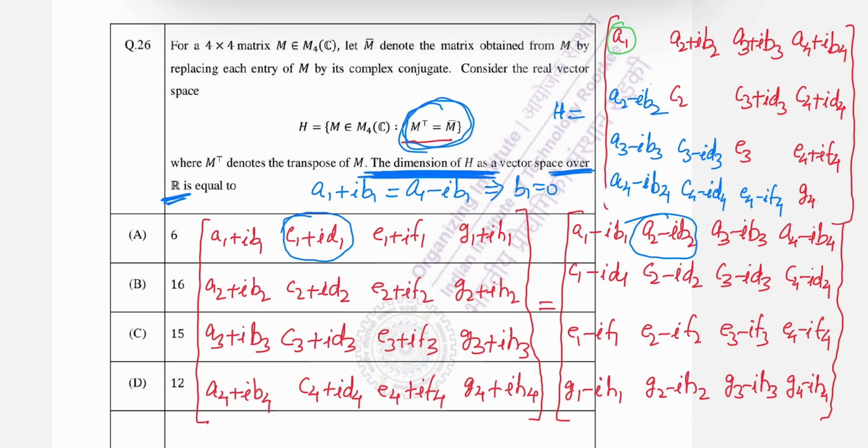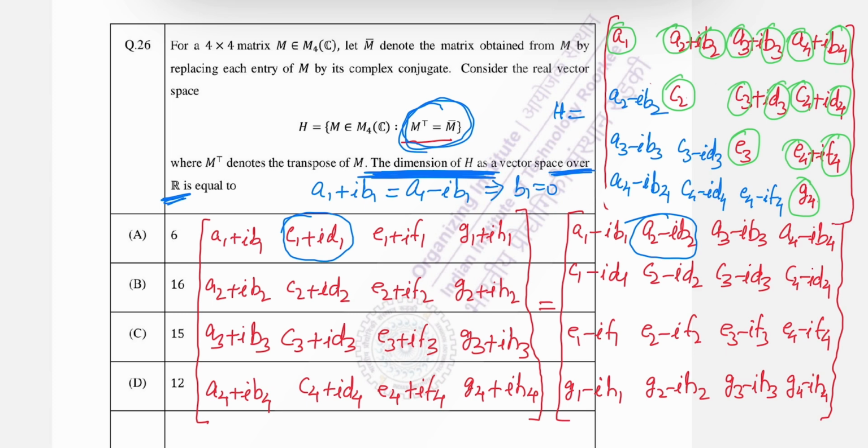Here is 1, 2, 3, 4, 5, 6, 7, 8, 9, 10, 11, 12, 13, 14, 15 and 16.